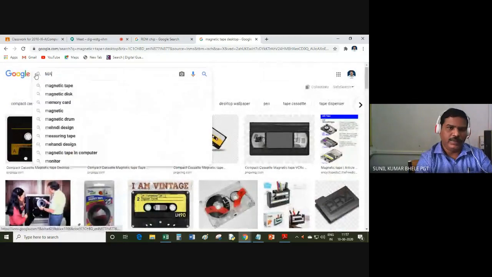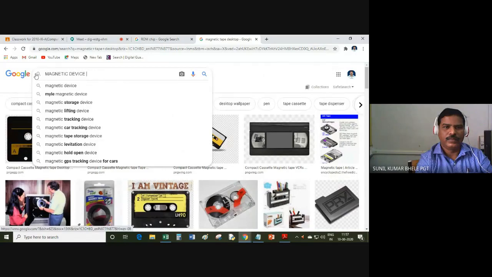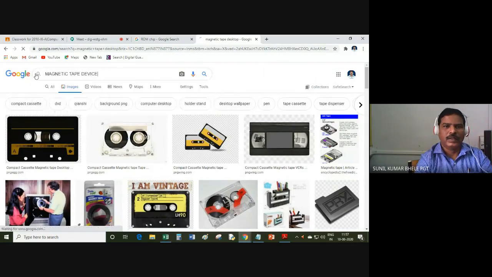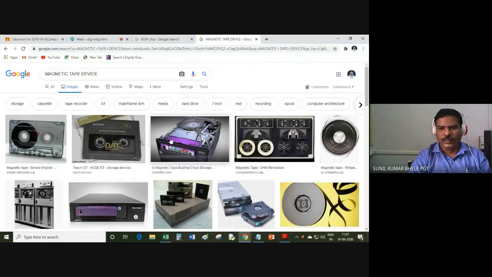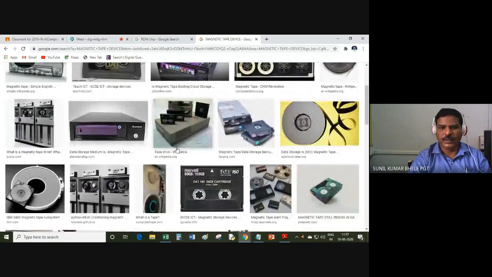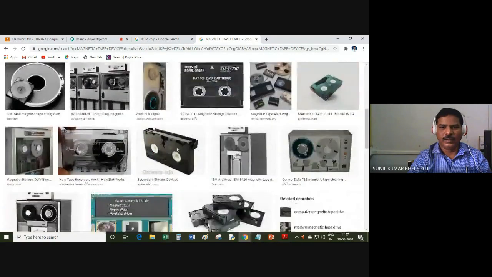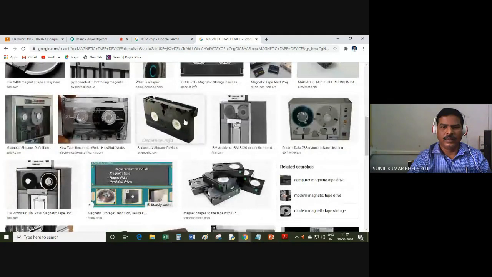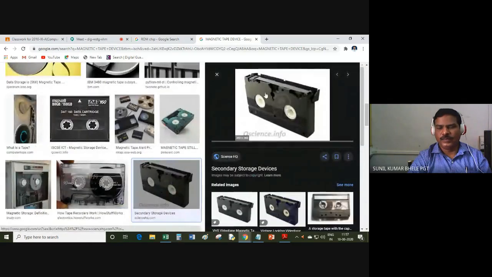So if I write magnetic tape device here, it looks like this magnetic tape. You can see there is a magnetic ribbon, and you can move this ribbon forward and backward.